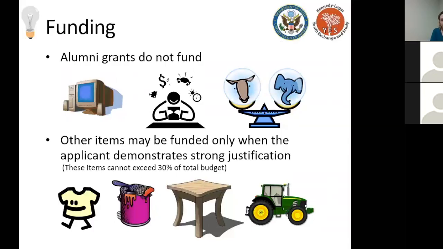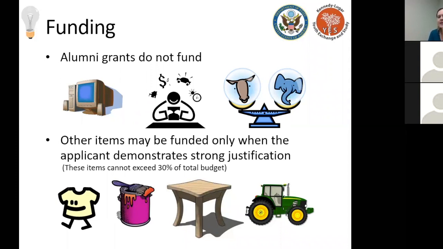Okay, so what can be funded and what cannot be funded? So the YES Alumni Grants program does not fund any technology equipment, alumni salaries, or anything that's a political activity for one specific candidate or party.